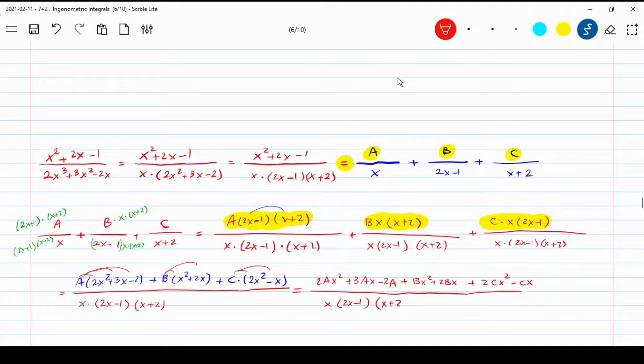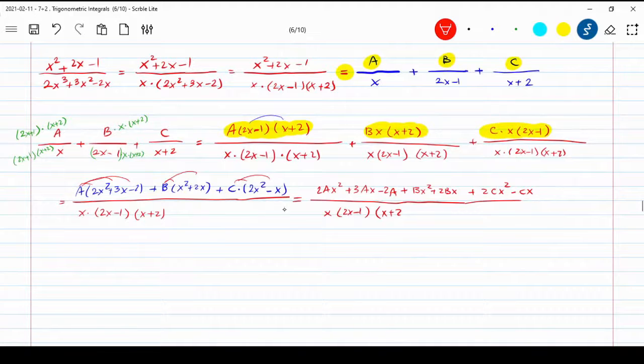So I distributed the c, the b, and the a into each term. You might ask, why did I do that? I wanted to combine the like terms in the numerator, which means I want to factor out x squares together, x's together, and the constants together. So here, this equals, denominator is still the same thing, x times 2x minus 1 and x plus 2.